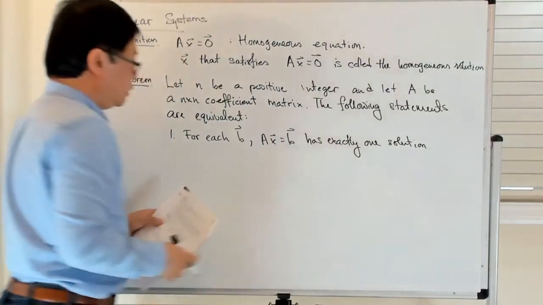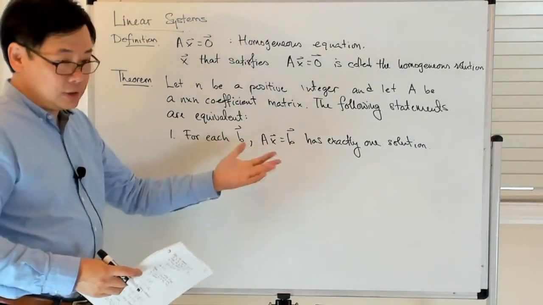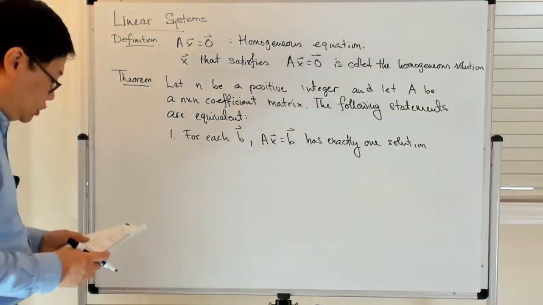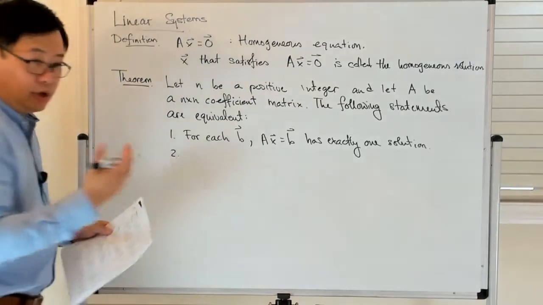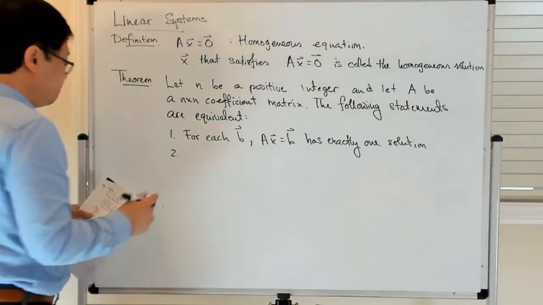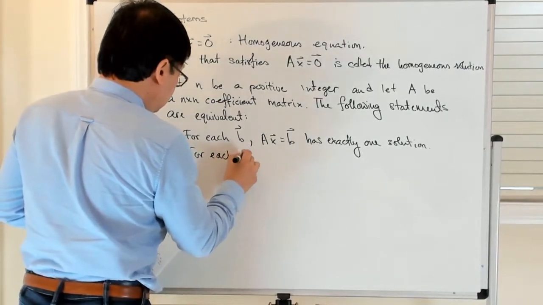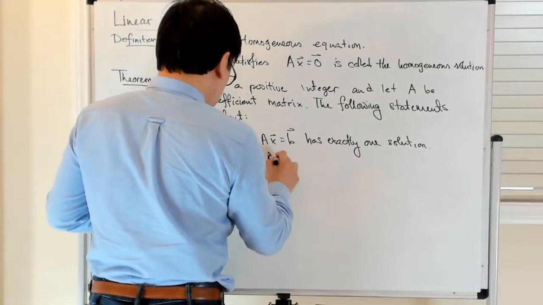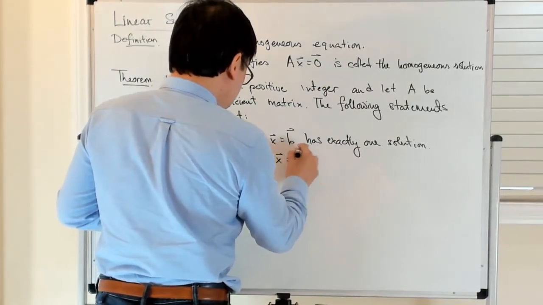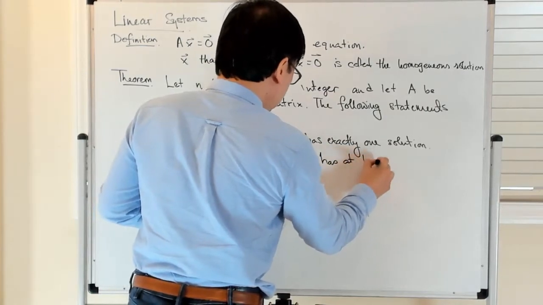So I'm basically trying to characterize under what circumstances this linear system has a unique solution and has a solution, in terms of other equivalent statements. So for each b, Ax equals to b has at least one solution.